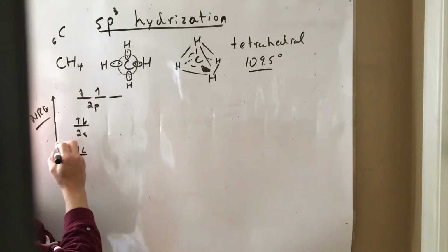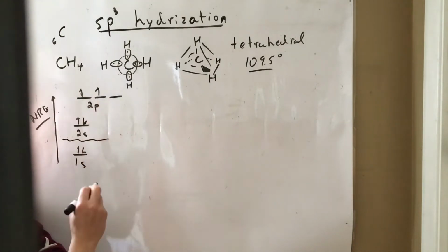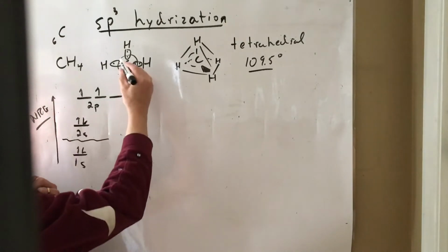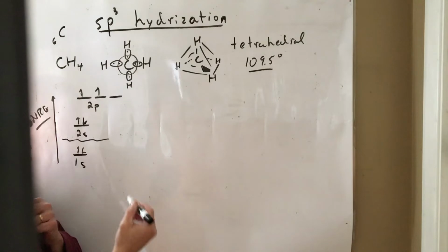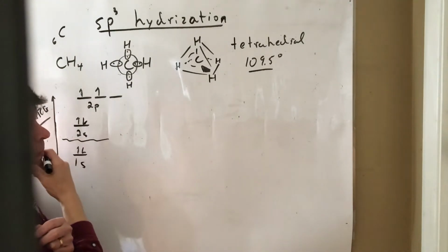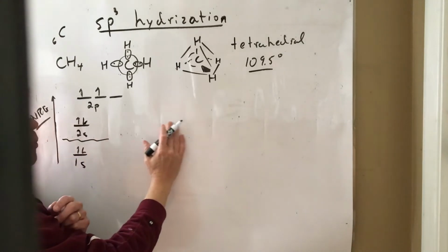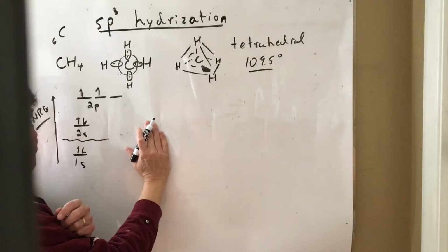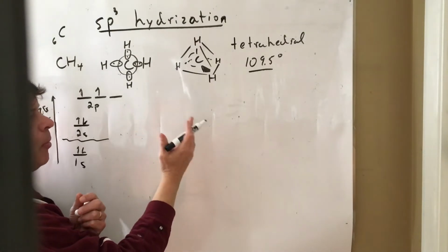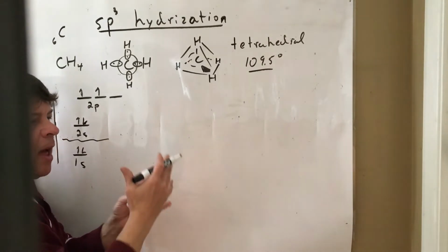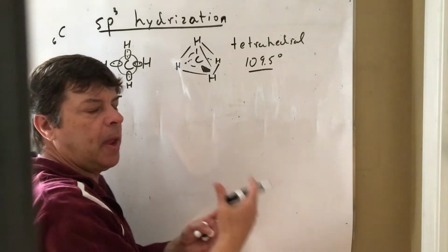So we're just interested in these 4 valence electrons. These electrons have different energies, but these electrons have the same energy and produce the same type of bond. So what we've realized is that these orbitals hybridize. For example, in agriculture, we hybridize different plants. There are lots of different hybrid types of tomato plants.